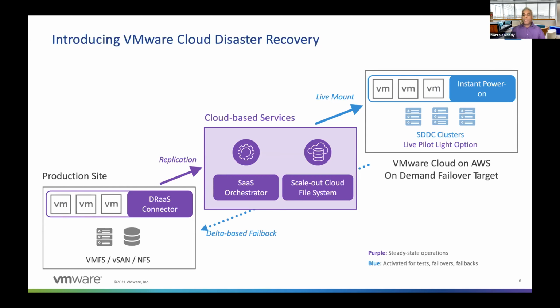In the extreme case, if the data center is dead and you're building a brand new data center, then of course you bring everything back. But the normal case is that it's only a small amount of changes, and that's what we bring back. At this point, the SDDC cluster on VMware Cloud can be scaled down or shut down, depending on your pilot light use case.